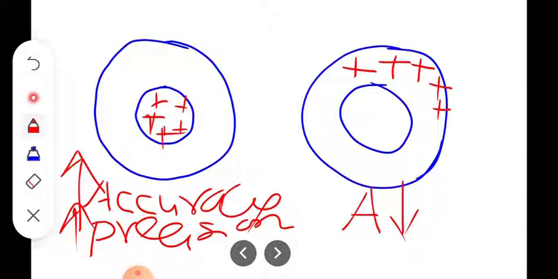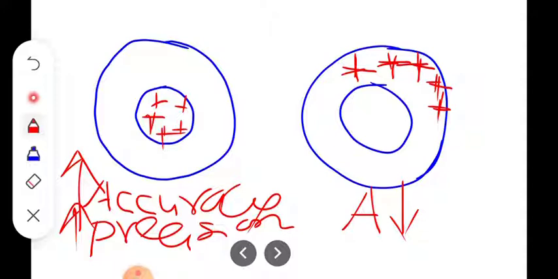But in case of precision, the second arrow is at a nearer distance from the first arrow, the third arrow again at a nearer distance, the fourth is somewhat in the vicinity, and the fifth is also in the vicinity.